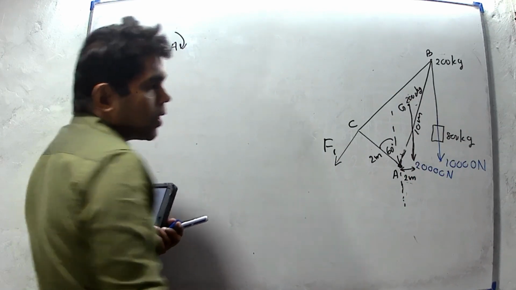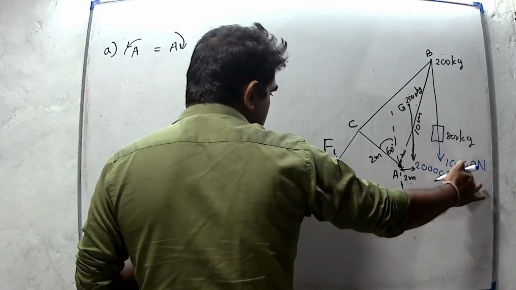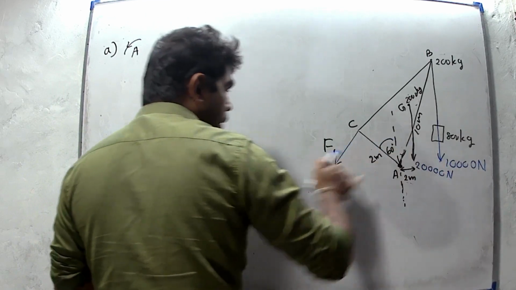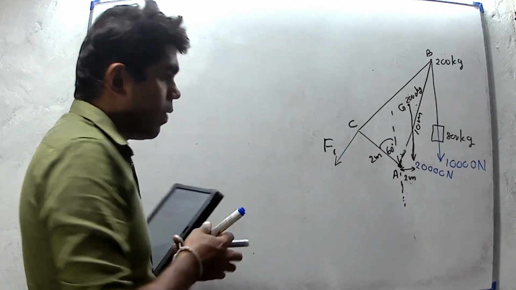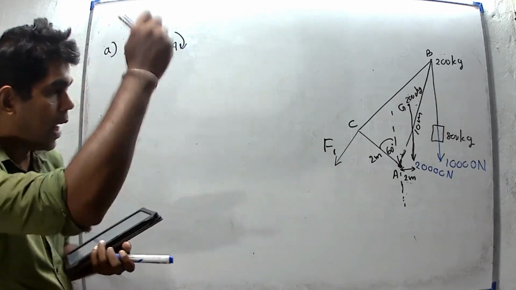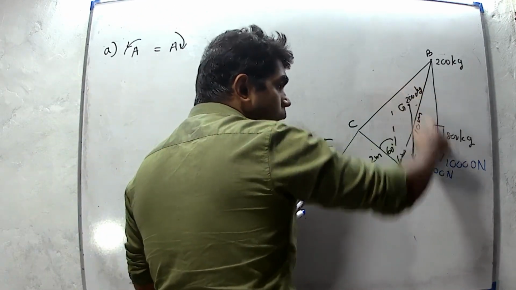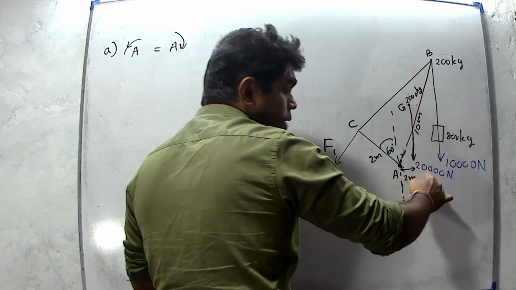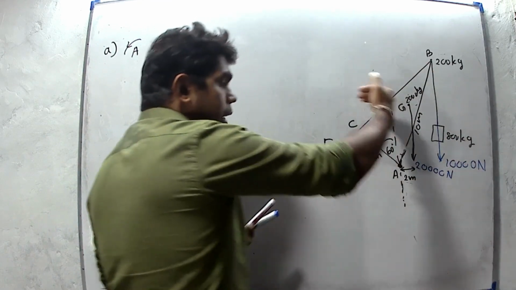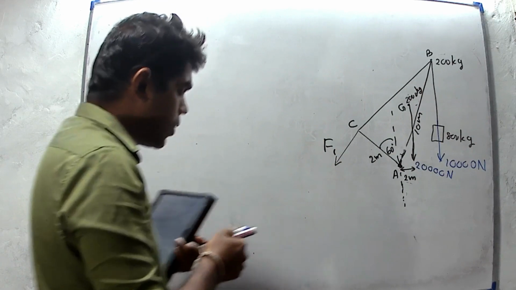Now there are 3 forces: 10,000, 20,000 and F1. We can consider torque around point A. When considering torque, there are 2 clockwise torques due to this force and this force, and there is only one counterclockwise torque.